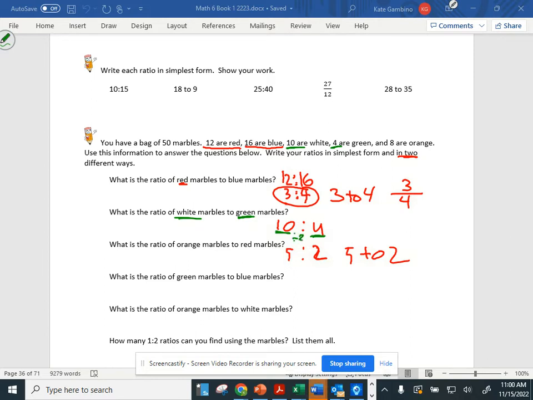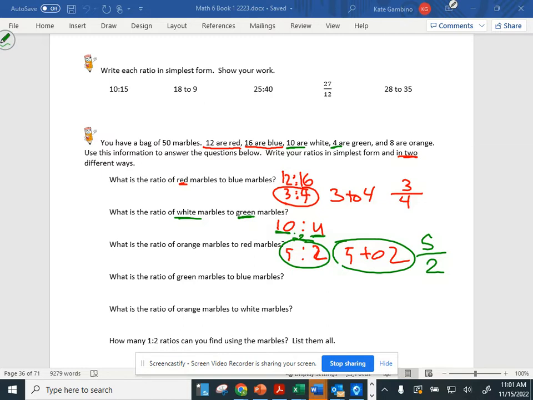I can divide a 2 out. 10 divided by 2 was 5. 4 divided by 2 was 2. So he wrote it one way, and then he wrote it a second way. Okay, so you have to write it 2 ways. Some of us on our whiteboards wrote it our third way. That first number goes as the numerator, the second number goes as the denominator.